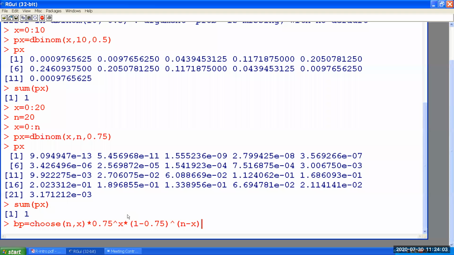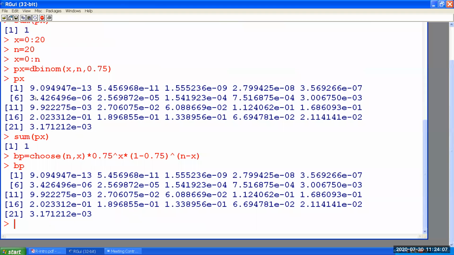Now you can see exactly this one and this one are exactly the same. This one is using the dbinom function, whereas here we have generated using a different approach. Now you can see some sixth value. They are exactly the same.